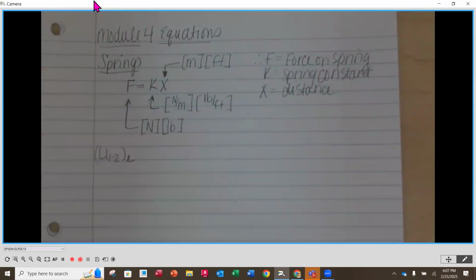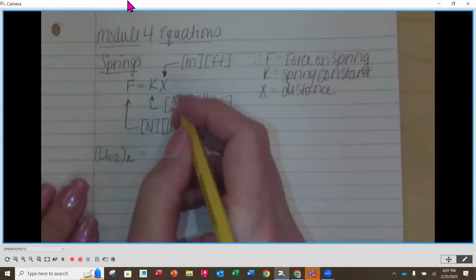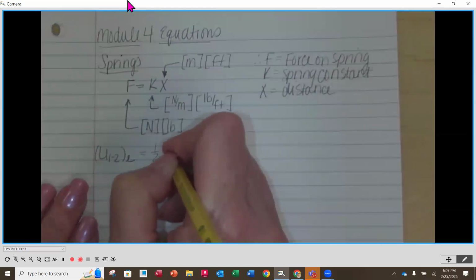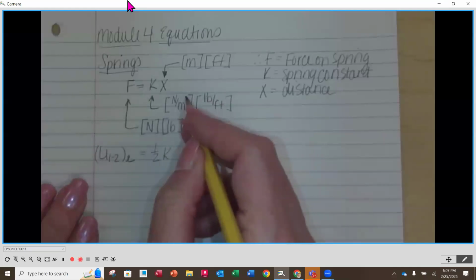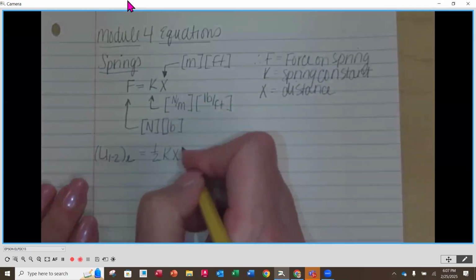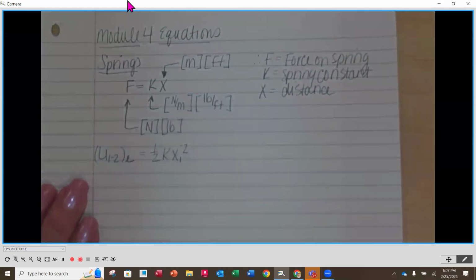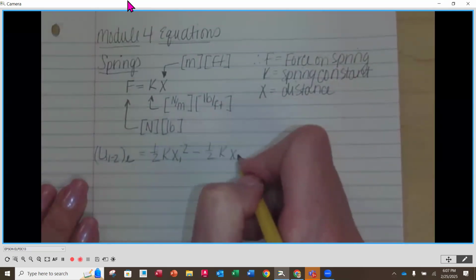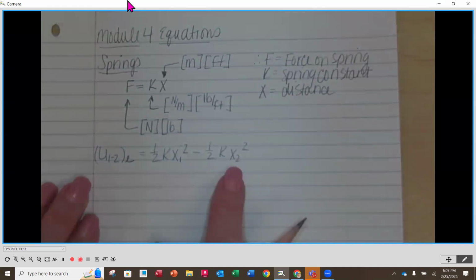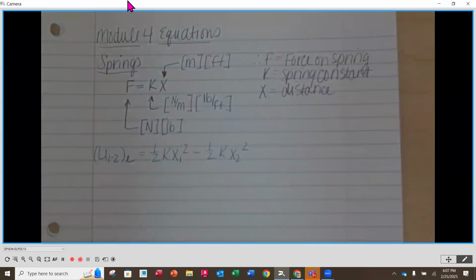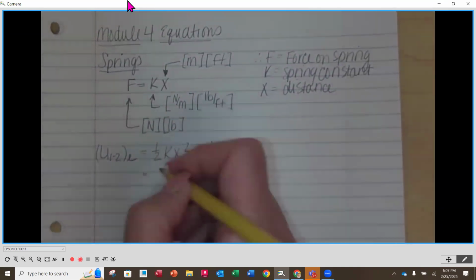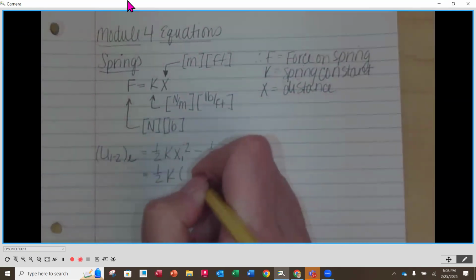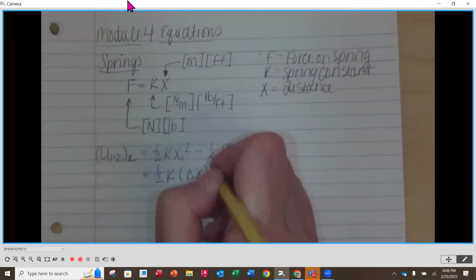This is for elastic work done by a spring, and this is going to be equal to 1/2 K, the spring constant, times x1 squared, minus 1/2 K, same spring, times x2 squared. So initial and final positions. You can condense that and say 1/2 K times change in x squared.